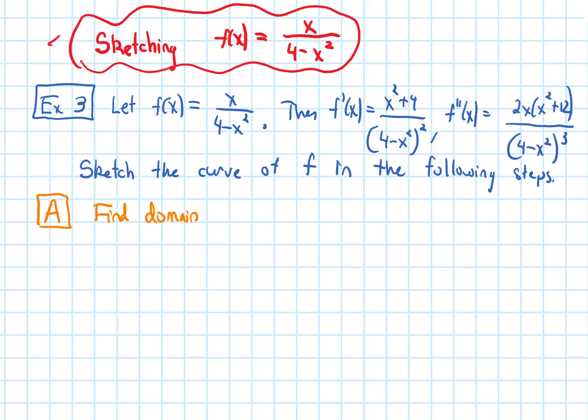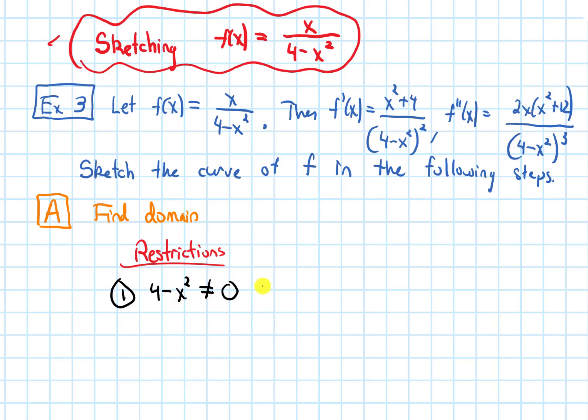Recall that to find the domain, I've got to think about my restrictions, the restrictions that we have on the inputs. With this function, there's only one type of restriction, because I have a fraction. The denominator, 4 minus x squared, is not allowed to be equal to 0.